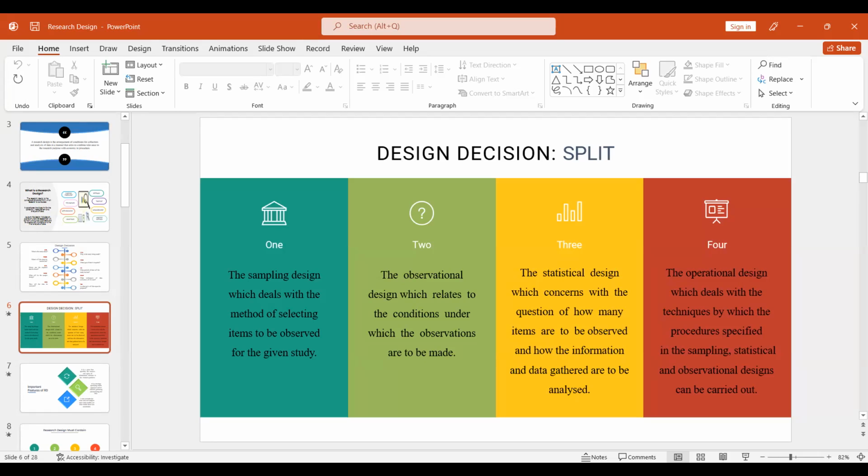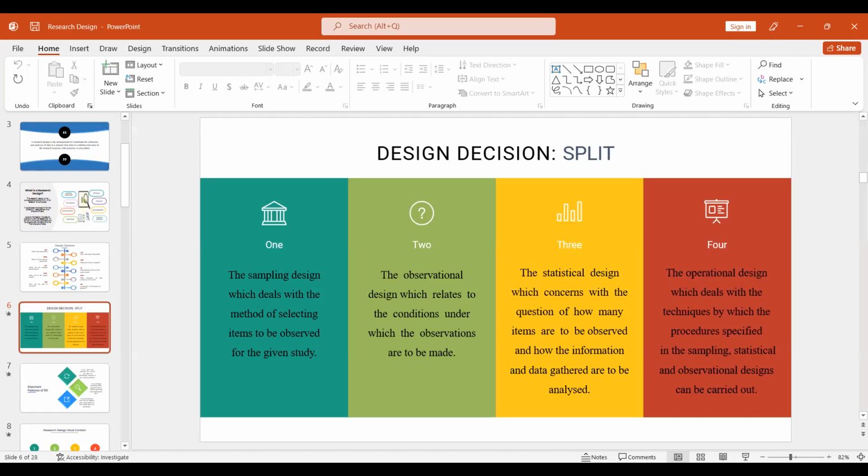So in this context, you may say selecting items, one is required to determine the content validity of the test items.